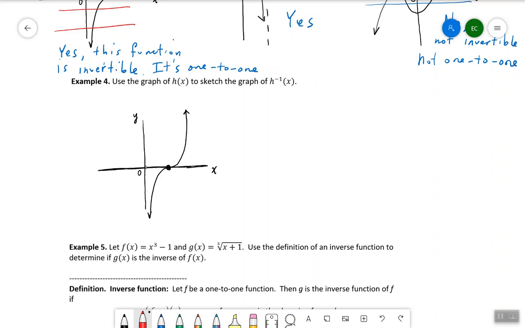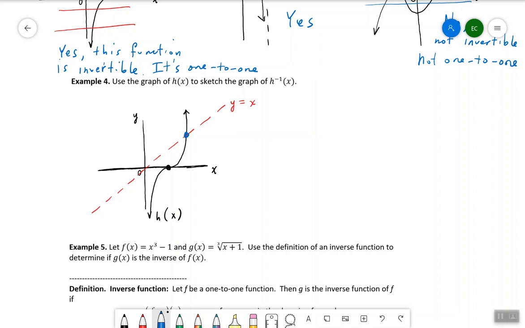And so what we need to do first is draw the line y equals x right on the coordinate plane. And then we need to reflect h of x over y equals x.